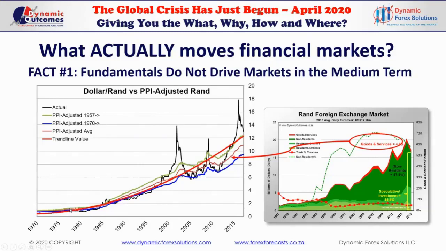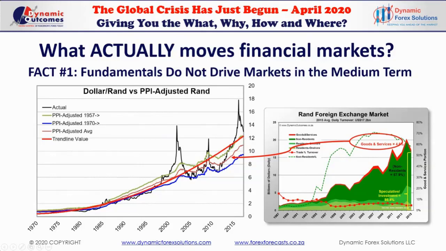Here, what we have got is the producer price inflation adjusted rand. So if we take the inflation in terms of producer prices between South Africa and the US, the exchange rate should be there to adjust for those differences over time. But what we can see here is these various lines. If we take from 1957, we get the green line here.